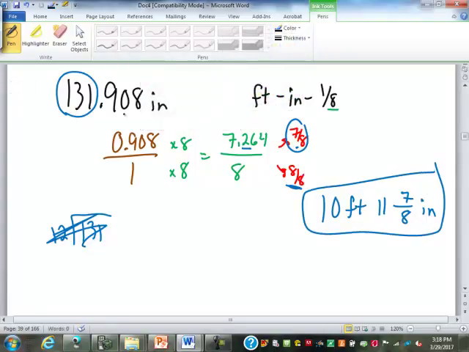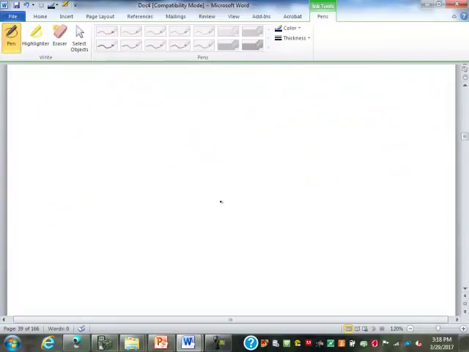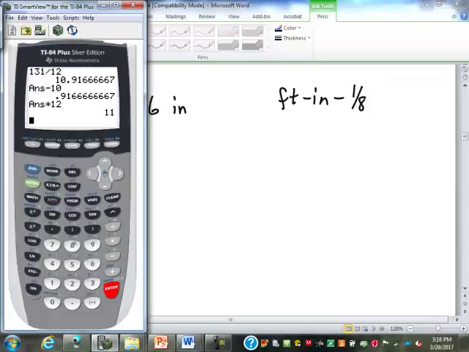Let's do one more where we start out with inches, and then we're going to switch to starting out with feet. And I'm going to do this whole one in the calculator. So I have 88.316 inches. And again, I want to put it in feet, inches, and eighths.